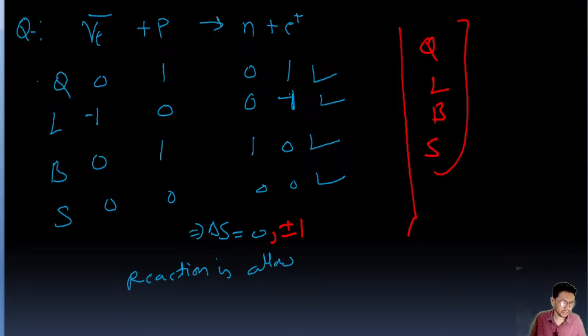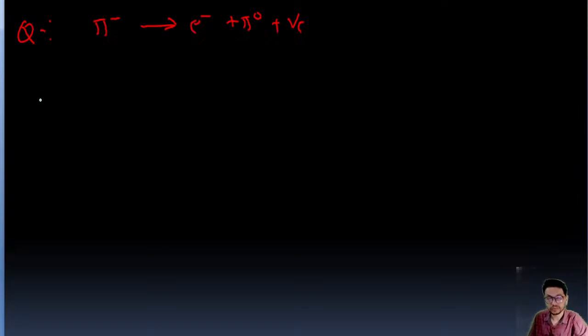Next question is: we have pi minus → electron + pi naught + mu.